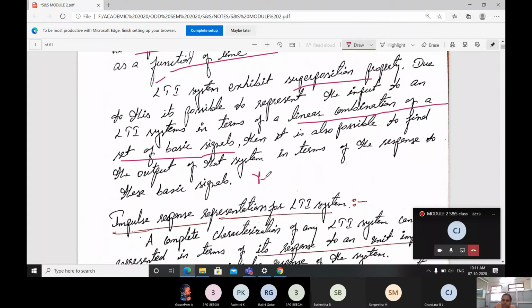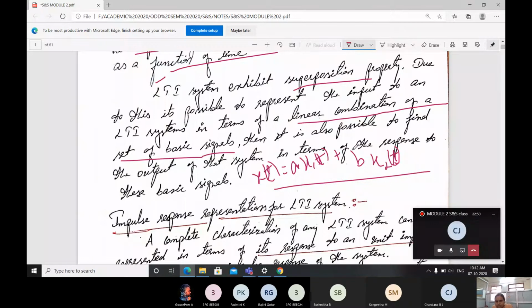When I represent my signal, the linearity it should satisfy is this: a part of the x of t signal is taken as x1 of t, plus another one weighted, taken as x2 of t. When this is satisfied, we say it is superposition.